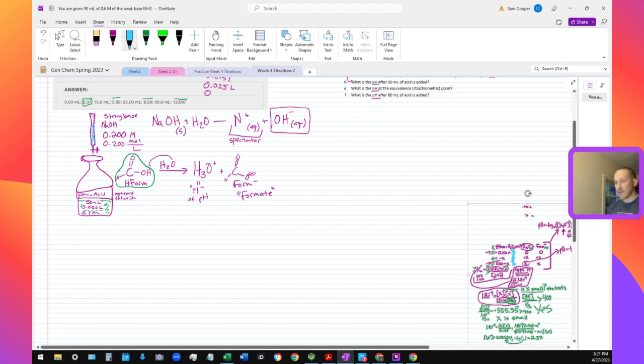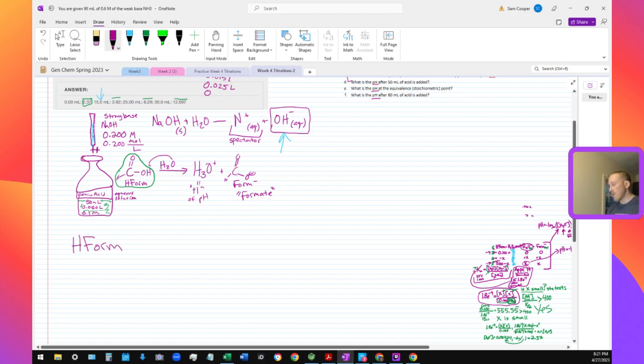now we're going to actually drip 15 milliliters of sodium hydroxide in there. And again, we're just going to say that whatever sodium hydroxide goes in there, it's essentially hydroxide. And here's what's going to happen when that happens. There is going to be some HForm sitting around.